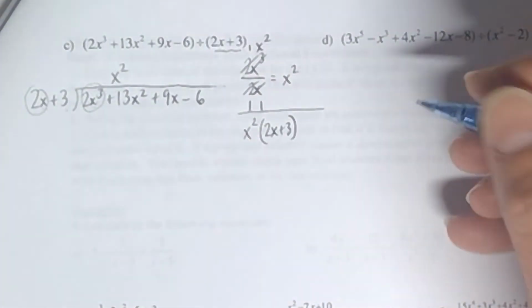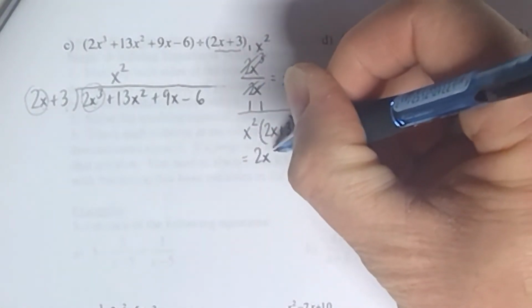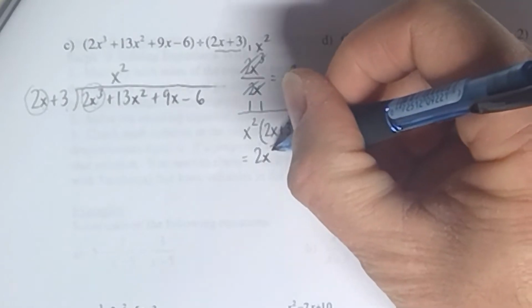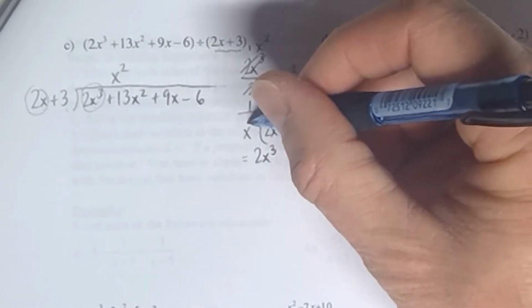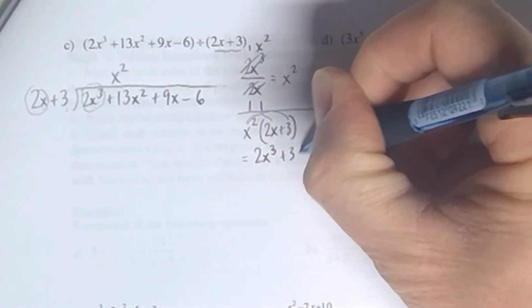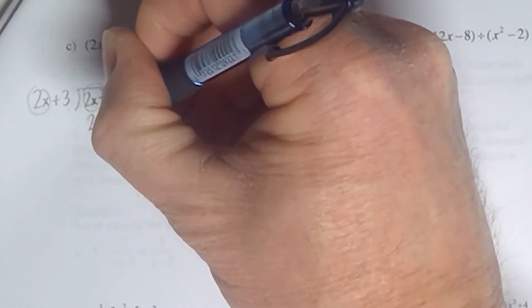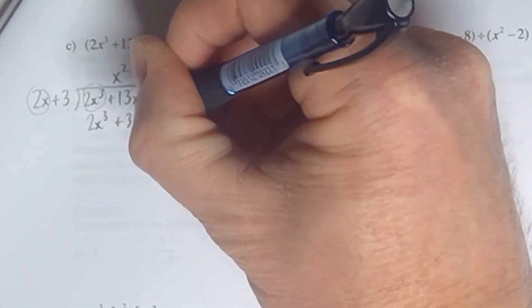What would I get if I did that? I would get 2x to the third, if I distribute that through, which is what you need to do, plus 3x squared. Now here's what you do. You take that, 2x to the third plus 3x squared, and you bring it down here.